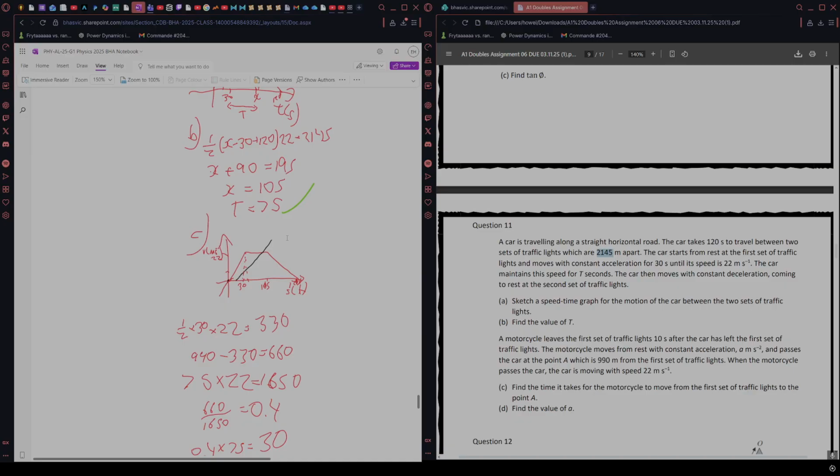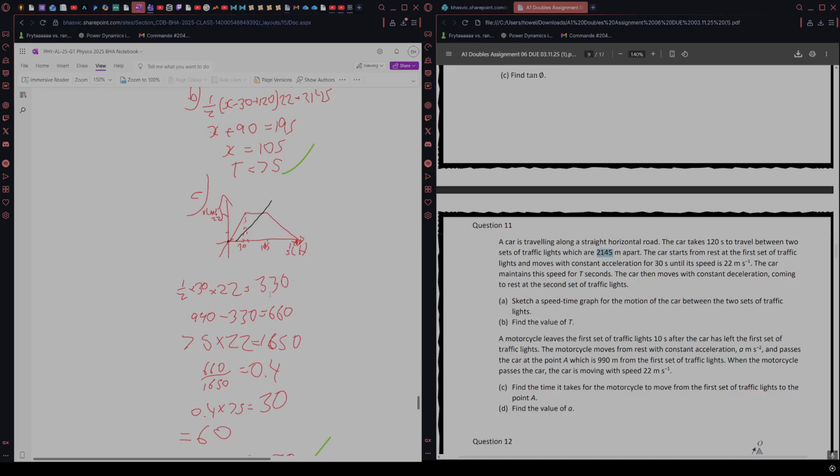First we were finding the time it takes for the motorcycle to do this. We know that it passes the car at point A, which is 990 meters away, which means that at the point that it intersects, it's going to be the ratio of the area with the rectangle. If we take away the area of this triangle, we know that it's going to be 660 meters into the rectangle that goes from 30 to 105 up to 22.